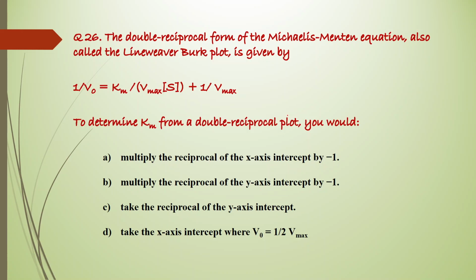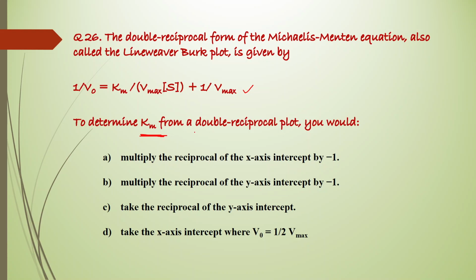Yes, fine. Question number 26 states, the double reciprocal form of the Michaelis-Menten equation, also called the Lineweaver-Burk plot, is given by this particular equation. To determine Km from a double reciprocal plot, what would you do? So this is the equation that you use to plot the double reciprocal plot. Now how can you get the Km value from the plot?